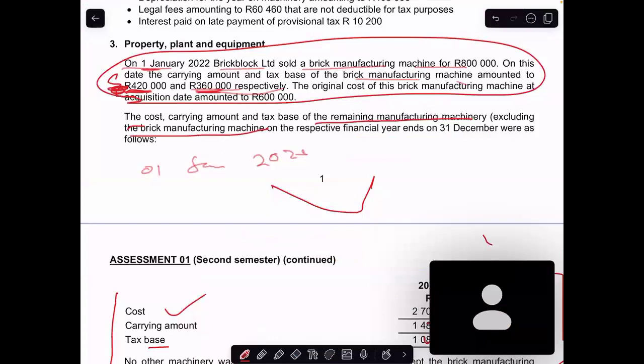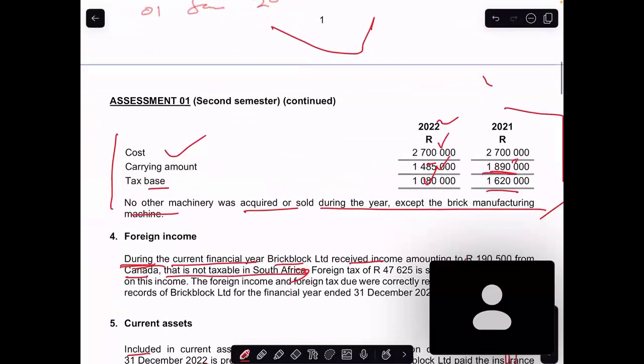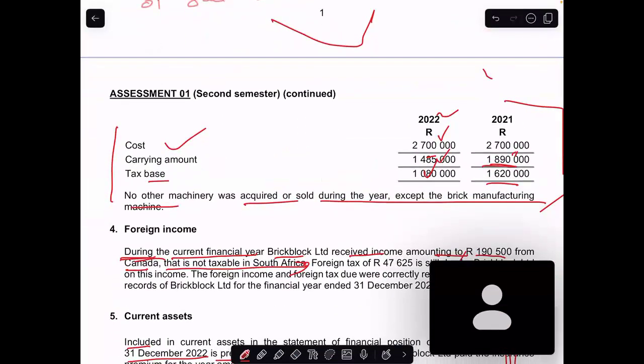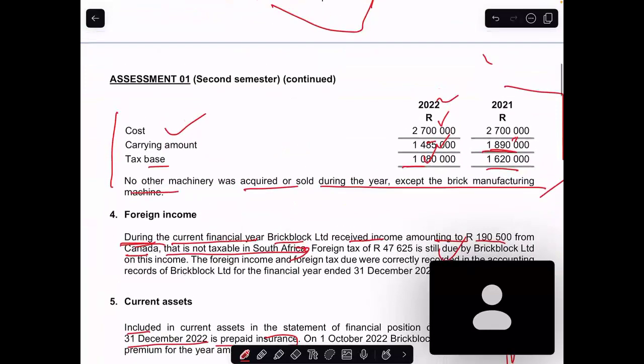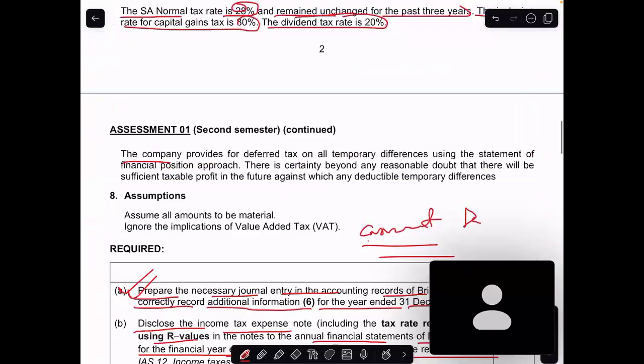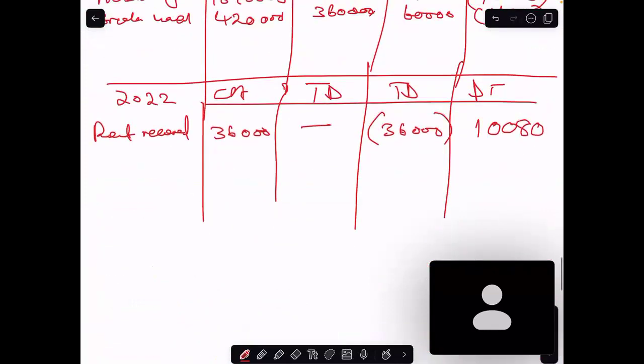Right, so now we look at the remaining machines. We are given the carrying amount and we are given the tax base. We take them as they are: 1,485,000 and 1,080,000.